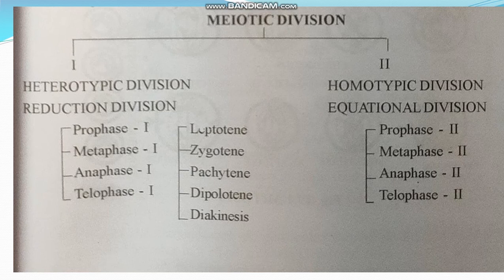Prophase 1 is further divided into 5 stages, that is leptotene, zygotene, pachytene, diplotene and diakinesis. Whereas the homotypic or equational division is again divided into 4 phases: prophase 2, metaphase 2, anaphase 2 and telophase 2.